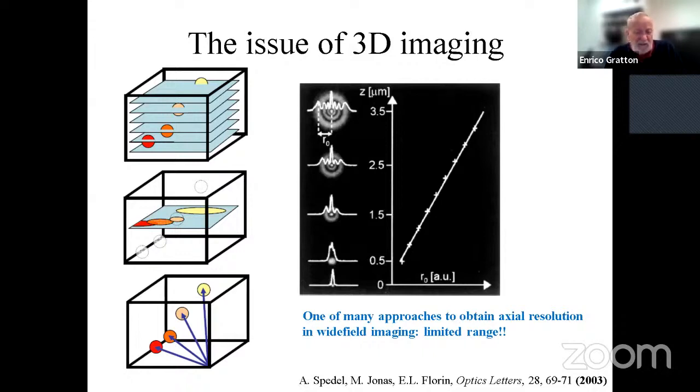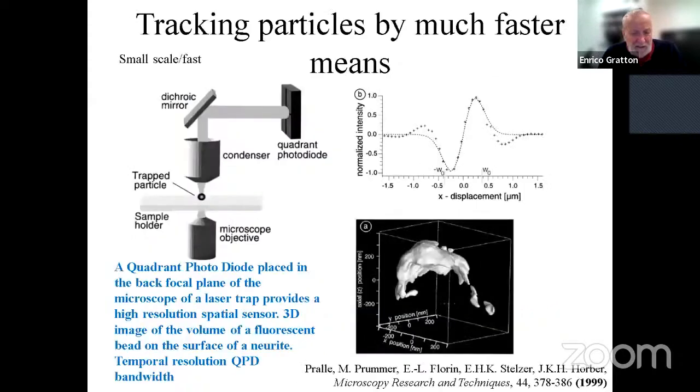You can get at the most 3 microns out of focus using this technique. This technique works, but only for a very small range. Can I get the next slide?